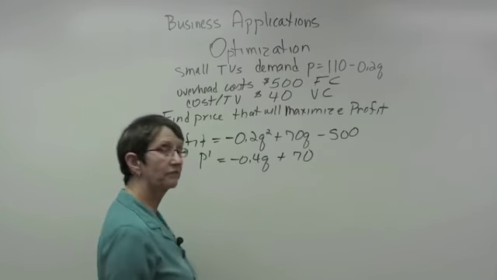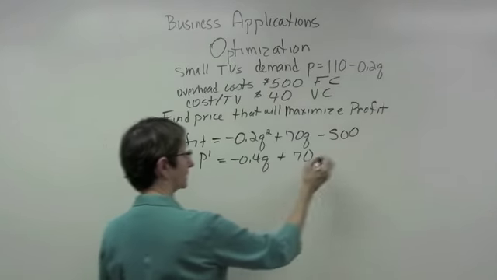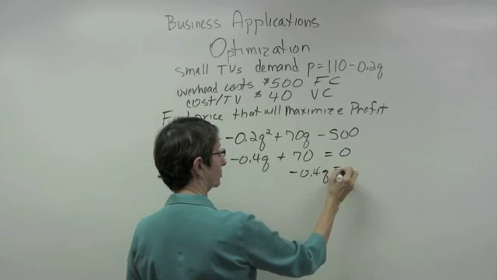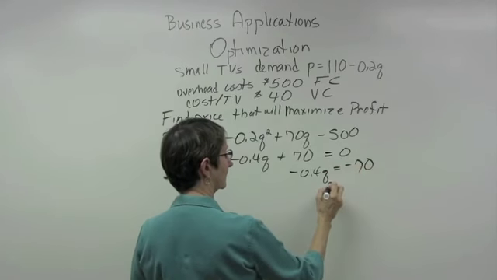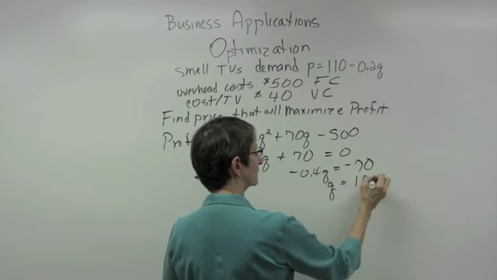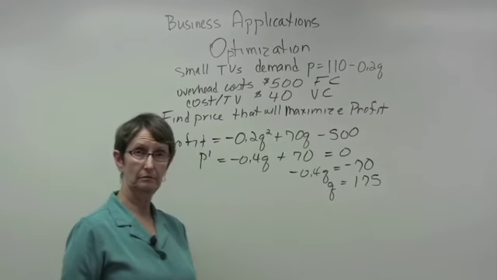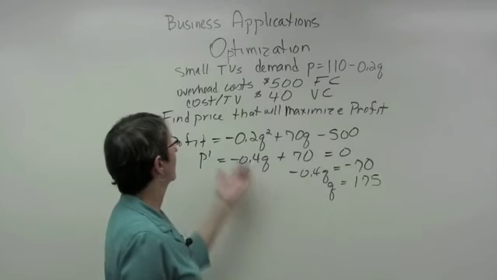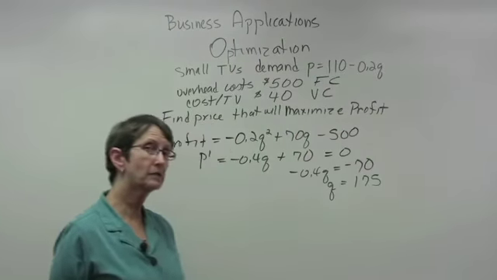So now I want to solve for Q. Set this equal to 0. Negative 0.4Q is negative 70. Q is equal to 175. That's the quantity that supposedly will maximize profit.